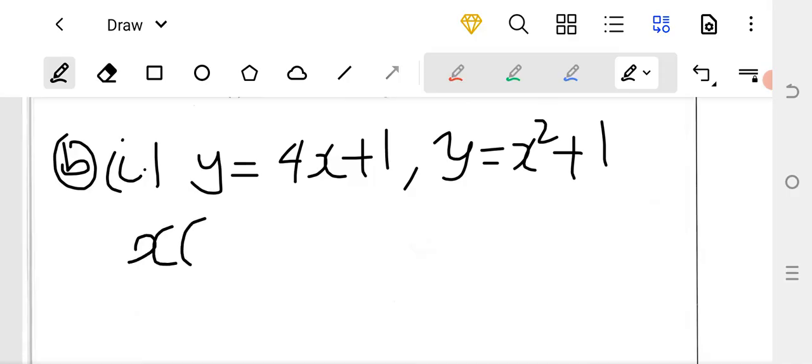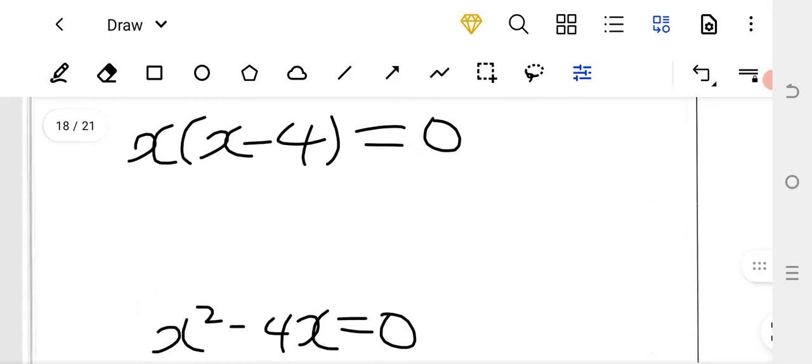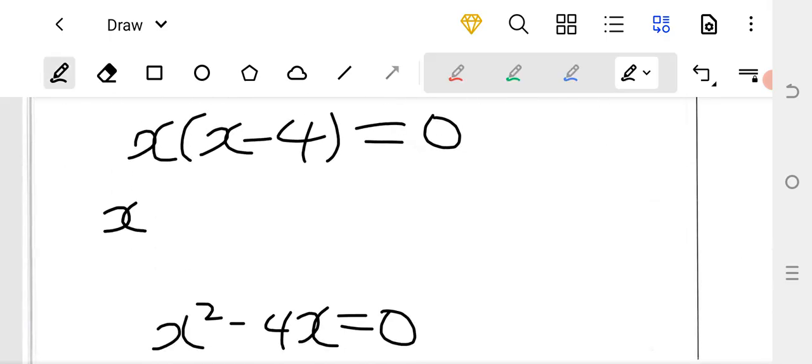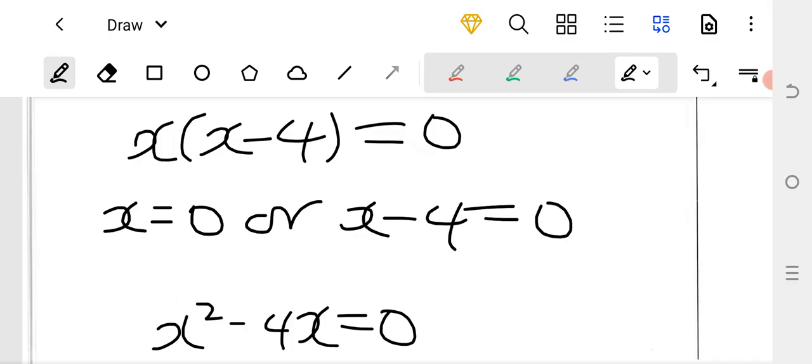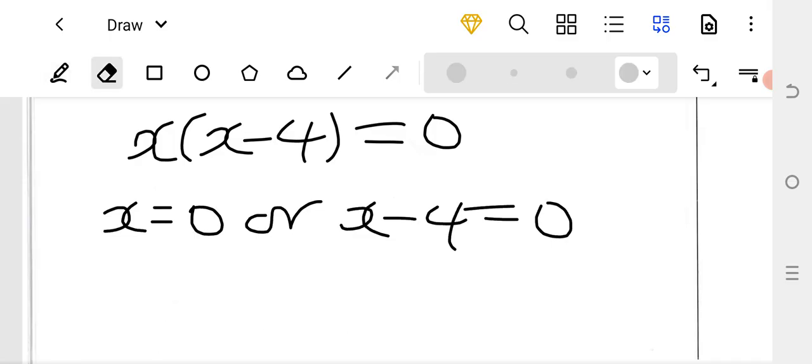So x multiplied by x minus 4 is equal to 0. X is equal to 0, or x minus 4 is equal to 0. Here x is equal to a 4.